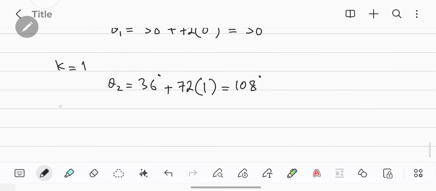And for k equal to 2, what will happen? Theta 3 will be 36 plus 72 times 2. If you calculate these values, you will get 180 degrees.